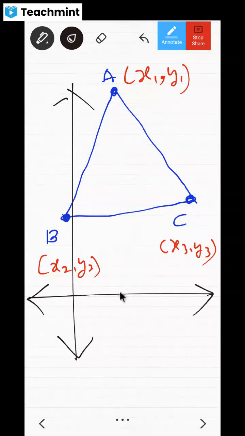Now substitute all the values. So that is 1 by 2 bracket. x1 means 1. Then bracket. You have to be careful in substituting. y2 minus y3 means 4 minus 3, plus x2 means 3 bracket, y3 minus y1 means 3 minus 2, plus x3 means 0.